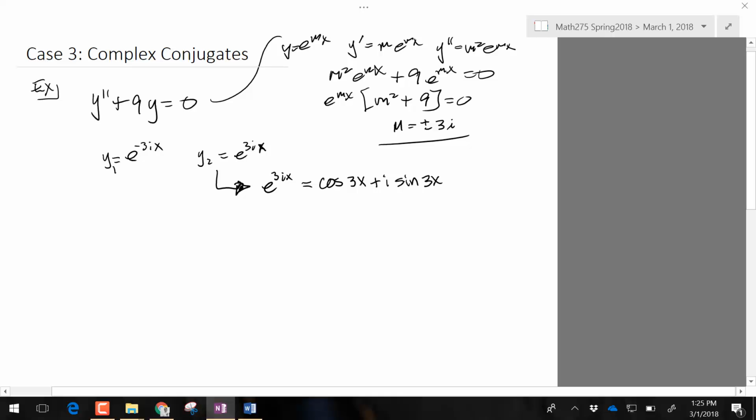So notice there's no i's in the angles here for the sine and cosine. I guess that's it, huh? y2 is equal to cosine 3x plus i sine 3x. Wow, that was easy. Oh, wait, we still have a complex number here. i. Oh, wait, i is constant.